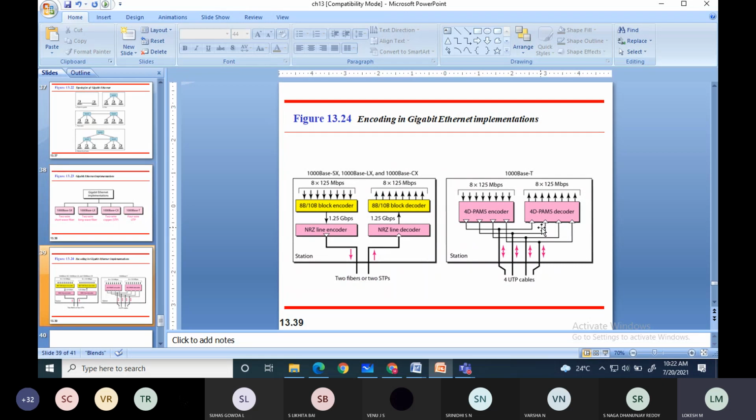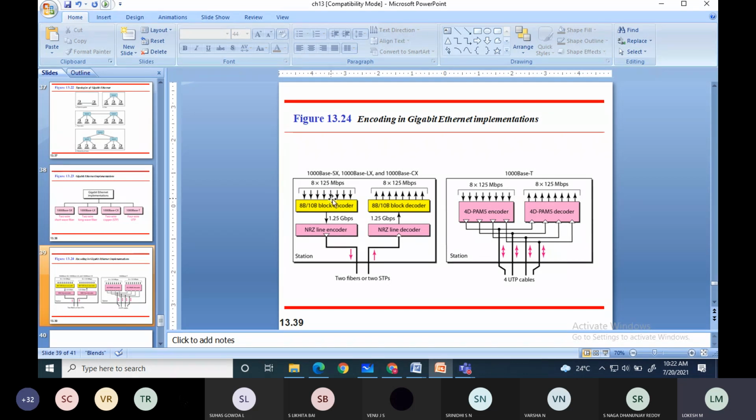When you go to use 1000Base-SX, 1000Base-LX, and 1000Base-CX, this is what the network looks like, which performs the encoding and decoding techniques in the same station. Here we use 8 wires, right? There are 8 baselines we use, and each line sends 128 Mbps of data.